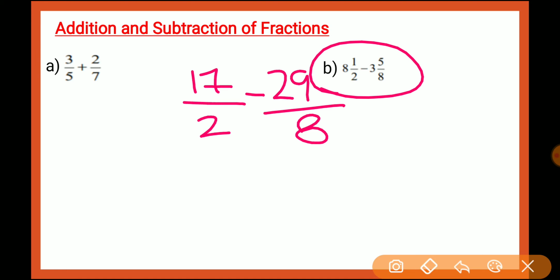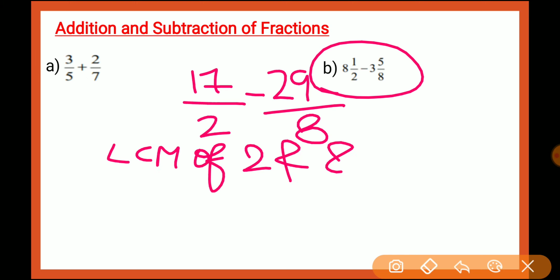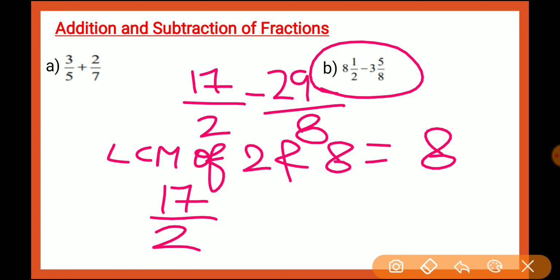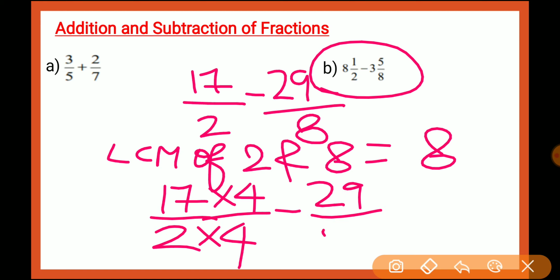Now again the LCM of 2 and 8 is 8. So now you can convert 17 upon 2: you will multiply it by 4 in the numerator also. Then minus 29 upon 8.